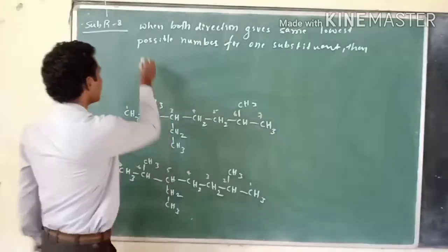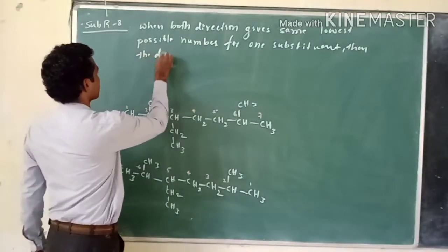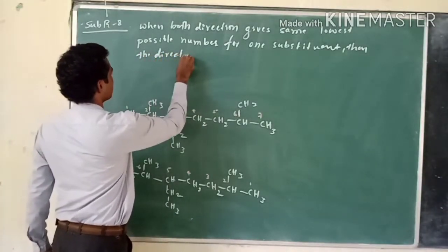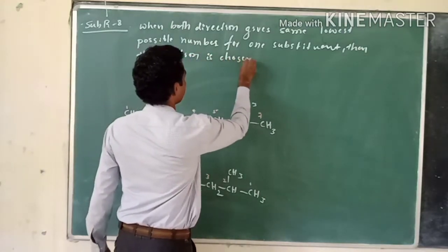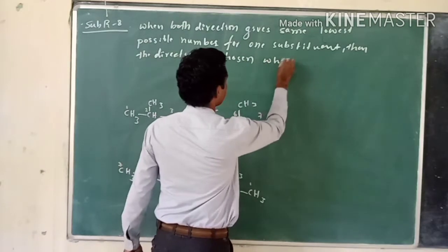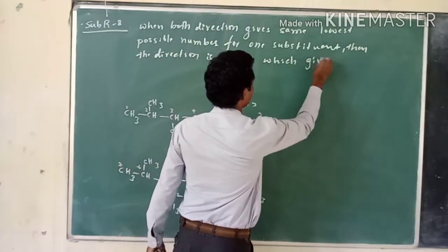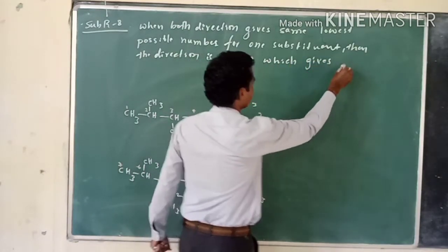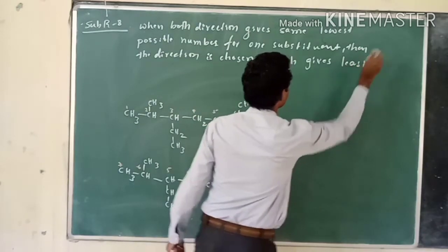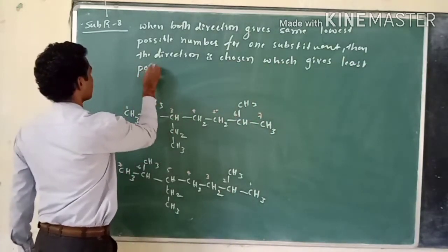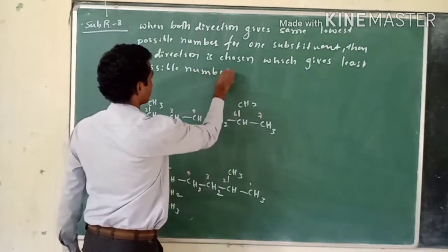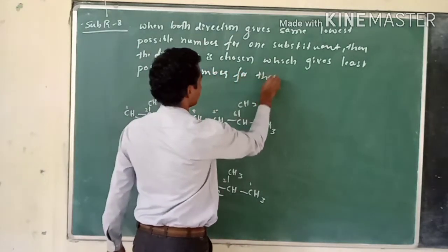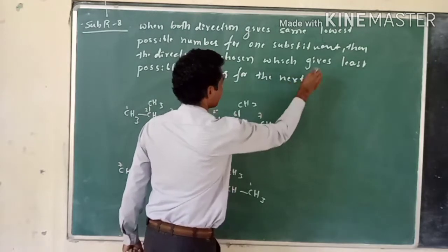Then the direction is chosen which gives the least possible number for the next substituent.